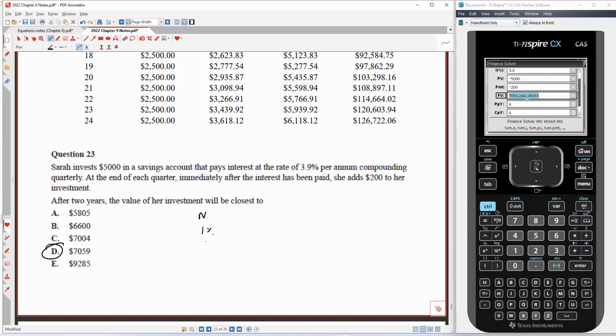So it's N, I%, PV, PMT, FV, PPY, CPY. So N was 8, I% is 3.9. We give the bank 5,000 in addition to $200 of quarterly payments, and the future value is unknown, and that one's 4.